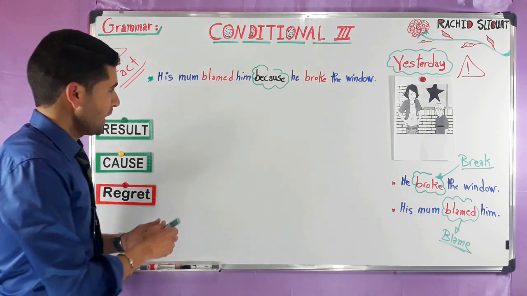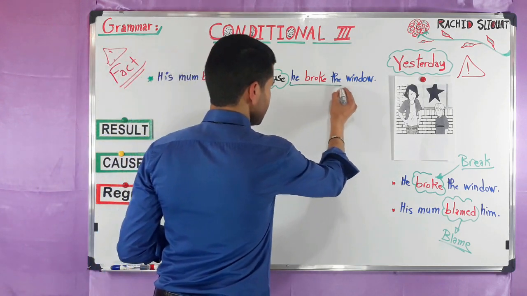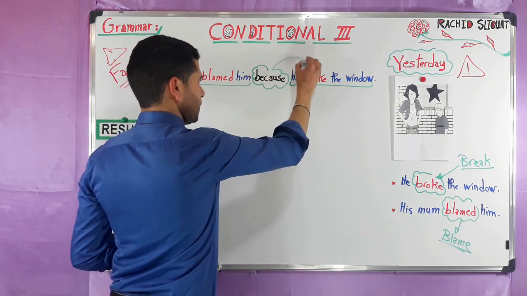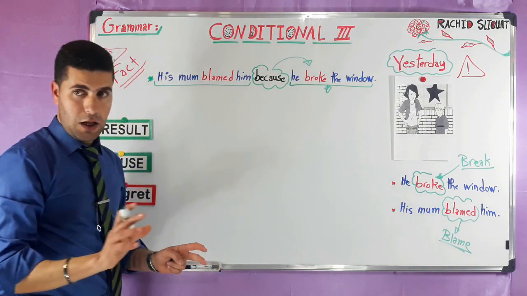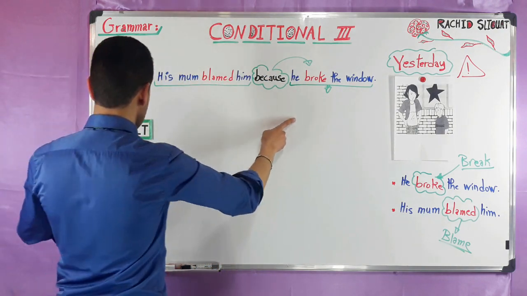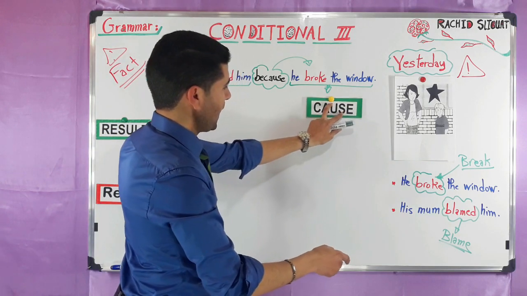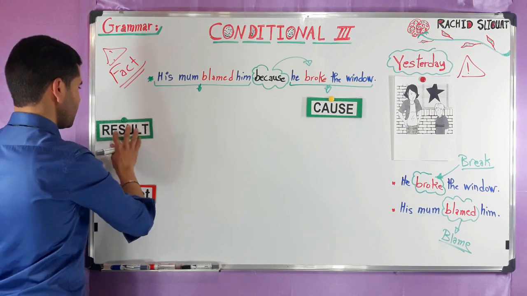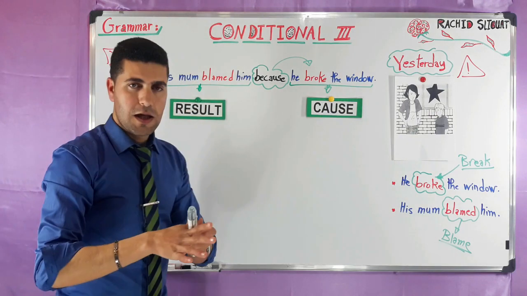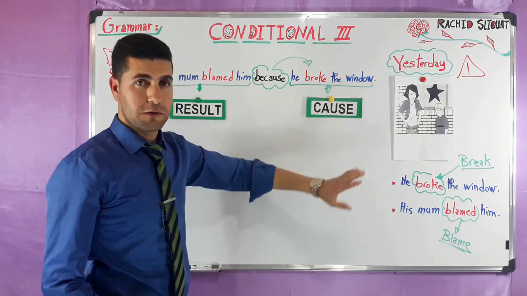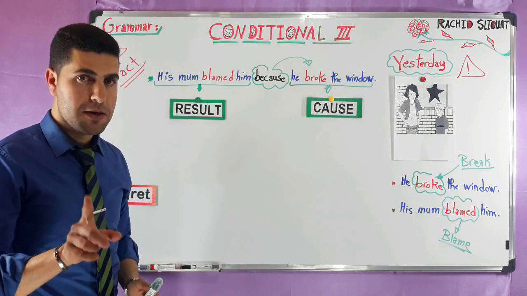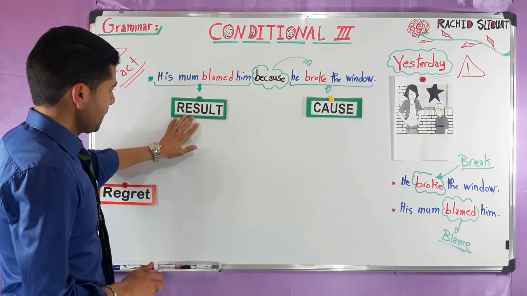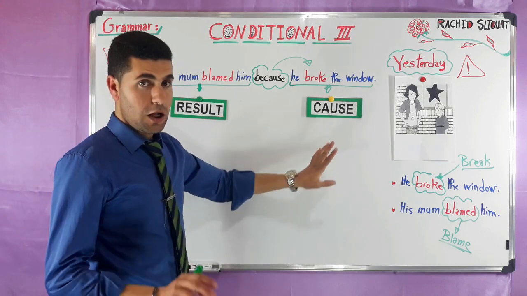Because is always followed by the cause, so this is the cause, and number one is the result. Breaking the window is the cause why his mom blamed him. This is very easy. So here we have result and we have cause.